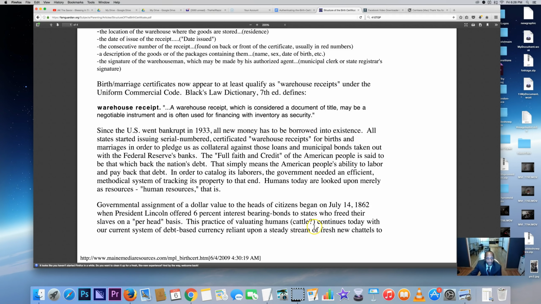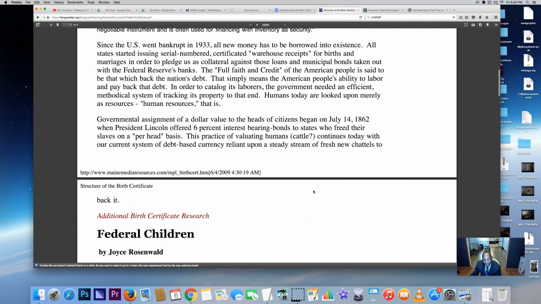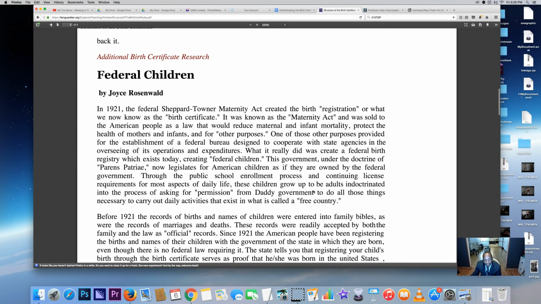All right, what else we got? Full faith and credit of the American people. See, what we have to understand is that when we look up our birth certificate numbers, bond numbers and such on Fidelity.com and Treasury Direct, that's proof that this bond is being traded upon and has been traded upon since it was registered.